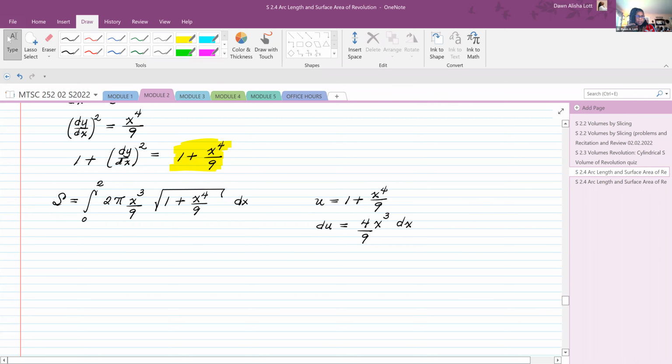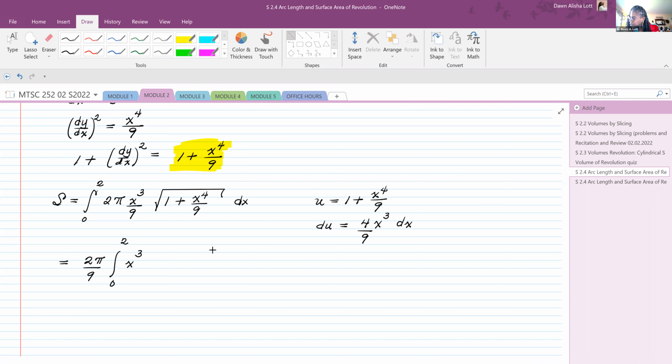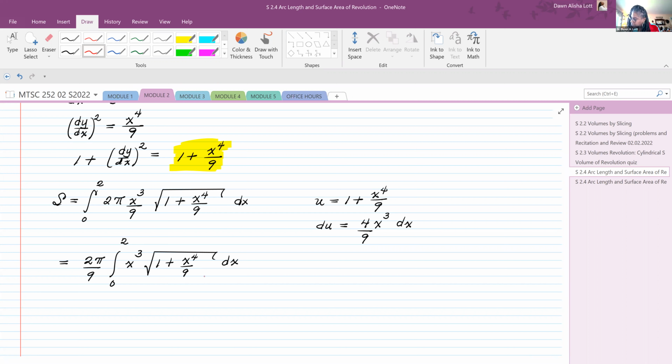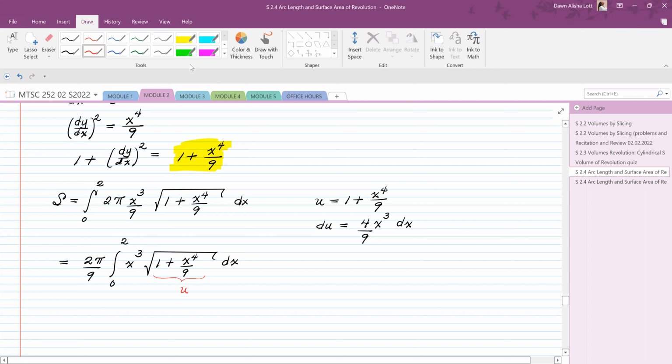Now, in the problem I see I have an x cubed. So if I pull out the 2, the pi, and the 9, I have the integral from 0 to 2 of x cubed, and then I still get the square root of 1 plus x to the 4th over 9 dx. Bianca, I see the u. This whole thing is going to be u, right? Yes. So this part, x cubed dx, is what I have to solve for.